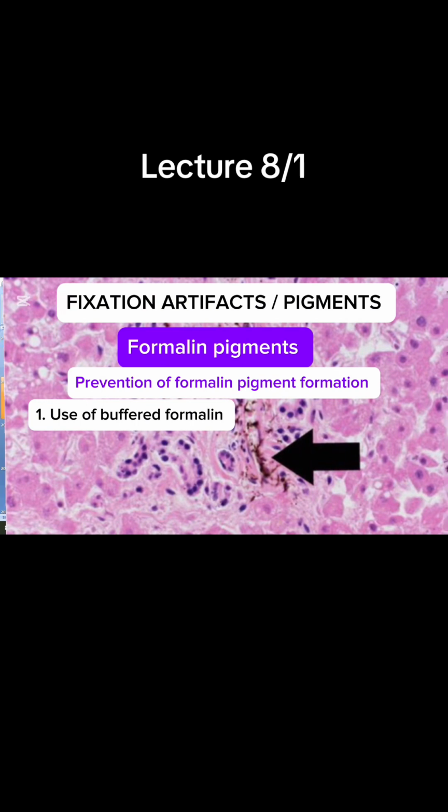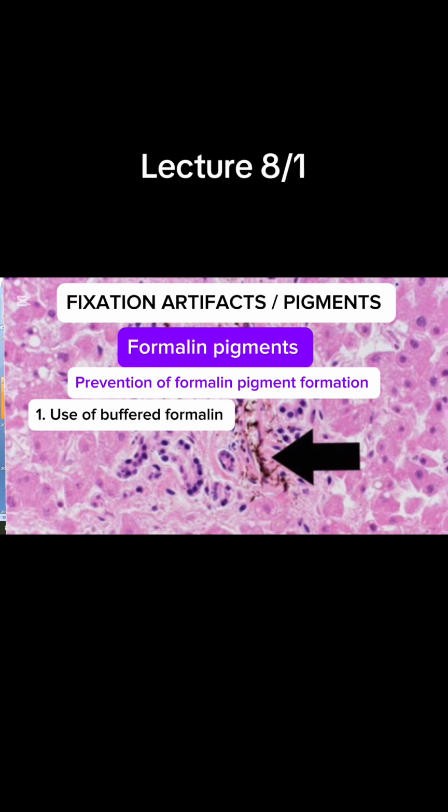Buffered formalin neutralizes this acid, preventing the environment from becoming too acidic. Number three, optimal tissue fixation. Buffered formalin ensures better preservation of tissue morphology and staining quality, as it avoids the artifacts caused by formalin pigment.